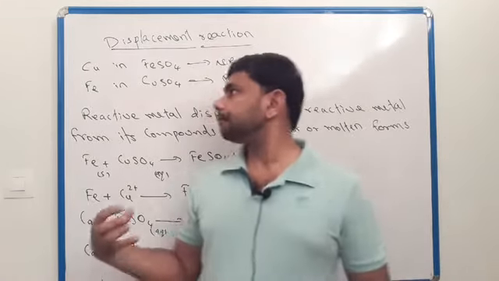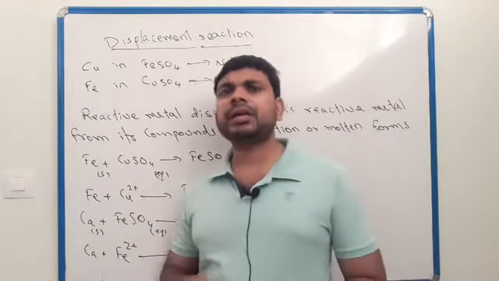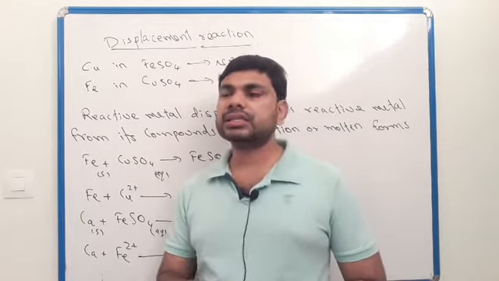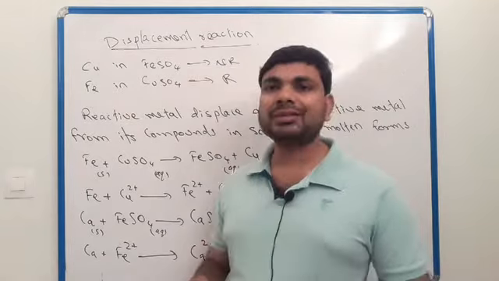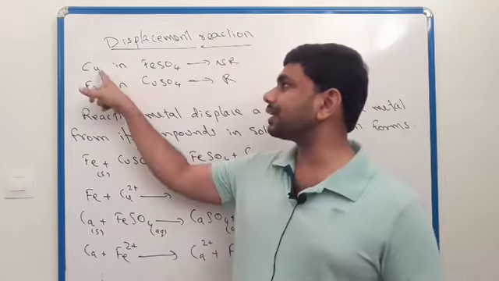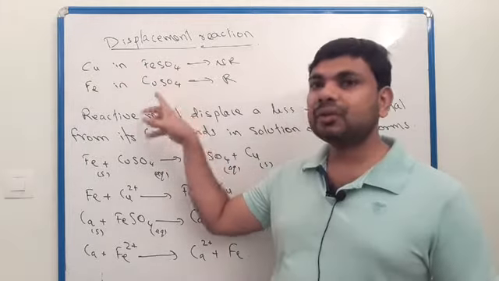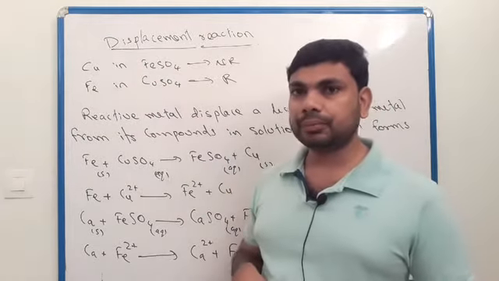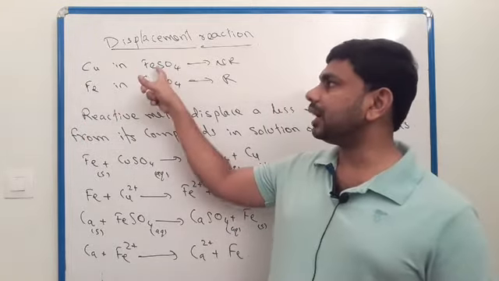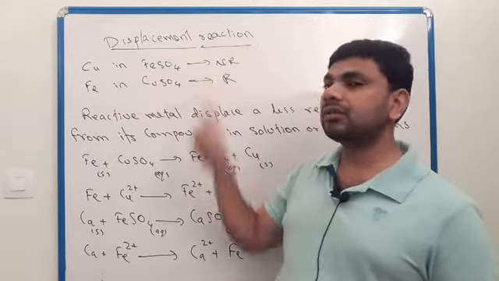So here is another experiment, where we observed these figures. From these figures we understood that copper cannot displace iron from iron sulfate solution, because iron is more reactive than copper, so there is no chemical reaction.